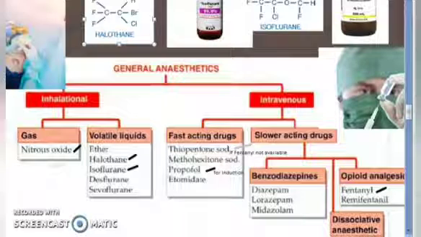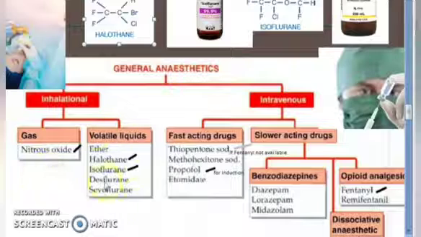However, it is a potent anesthetic and a poor analgesic. It also relaxes muscles inadequately, but yes, it relaxes. Then the problem is it is going to hit the heart, right? It can cause arrhythmias. It is expensive also.